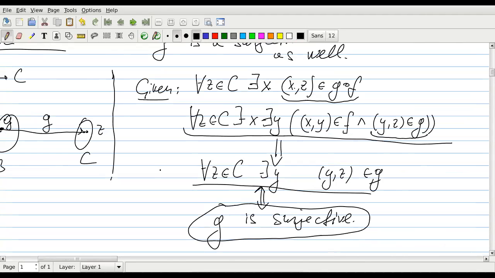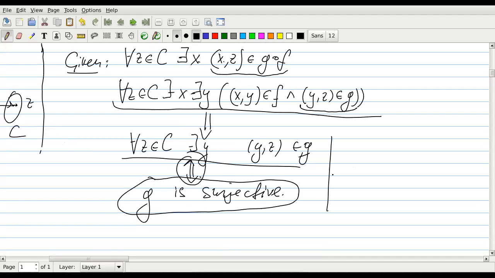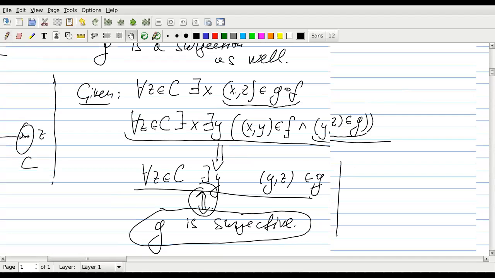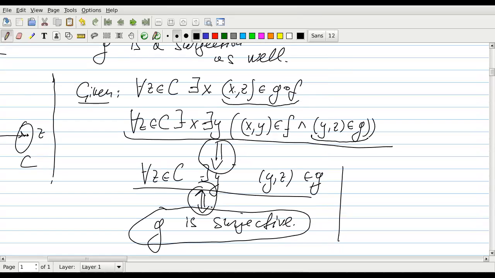Wait, how did we get to the last one? Yes, this is exactly by the definition of surjectivity. No, I mean before that. Okay, let's see.